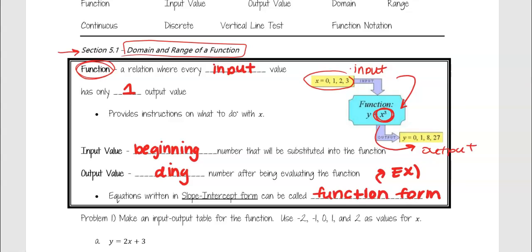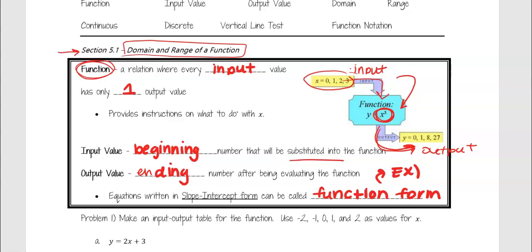So then in other words, input value is the beginning number that will be substituted into the function, right? This is what goes into the function. And the output value is the ending number after being evaluated using the function. So the function does something to the input and then an output gets spit out.